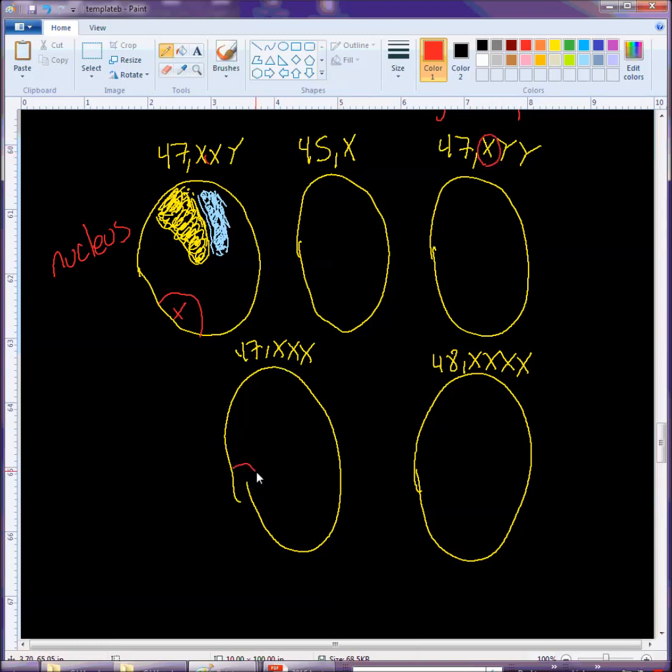Triplo X female is going to have two bar bodies and one active X chromosome. And a quadruple X female is going to have 3 bar bodies and one active X chromosome.